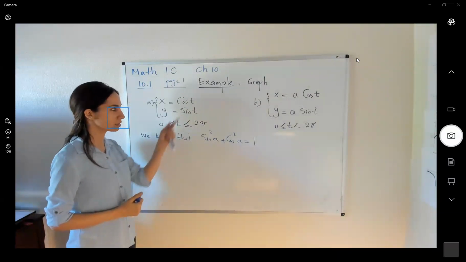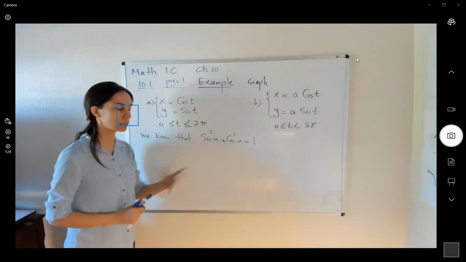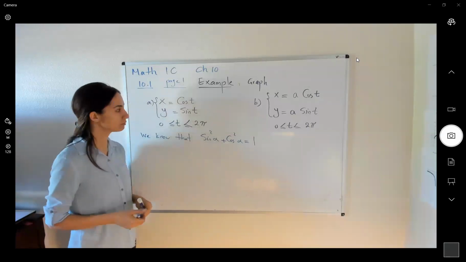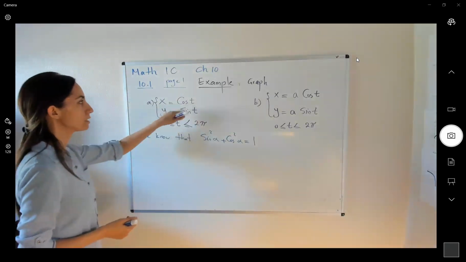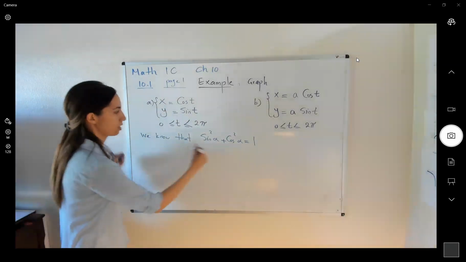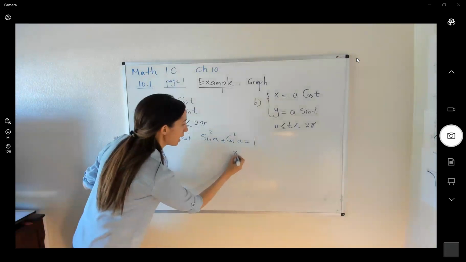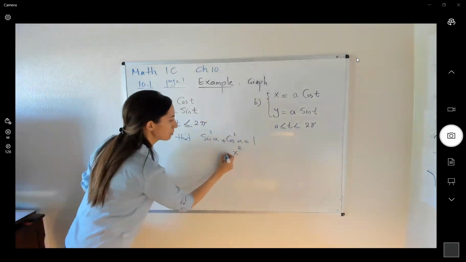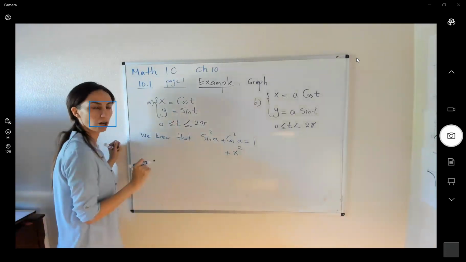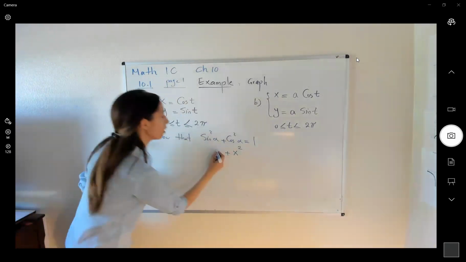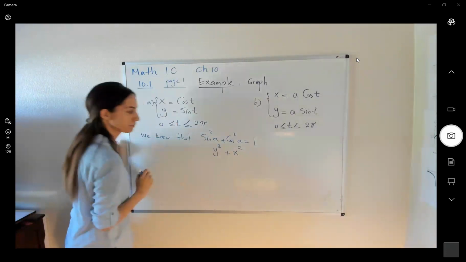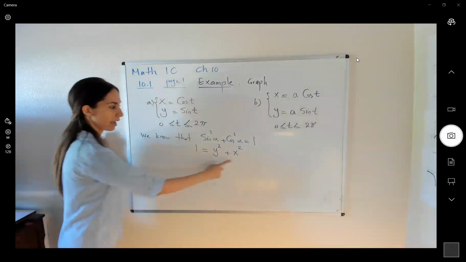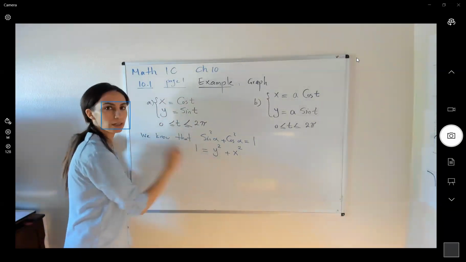This is very similar to the trig identity that we learned before. So my x is cosine, so I can write x raised to the second power plus my sine is y, so I can write y squared. This is equal to 1. X squared plus y squared is equal to 1.